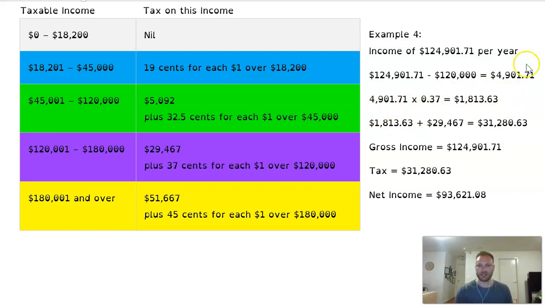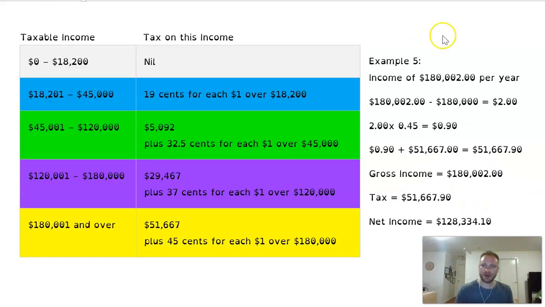Then we add those two together. We add that number to the number we've already got here, the 29,467, leaving us with this amount of tax. We would then take that amount away from this original gross income we've got, leaving us with a net income just over $93,000.